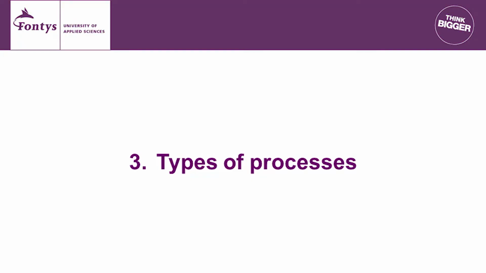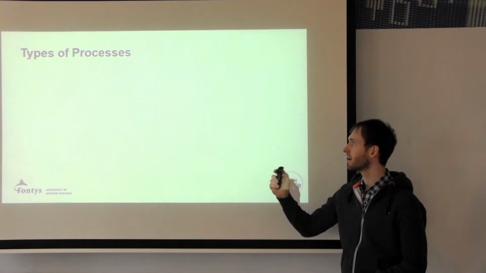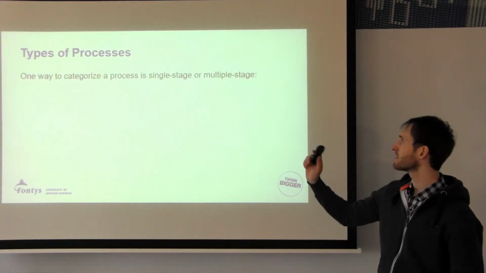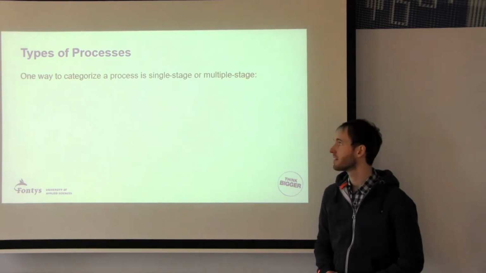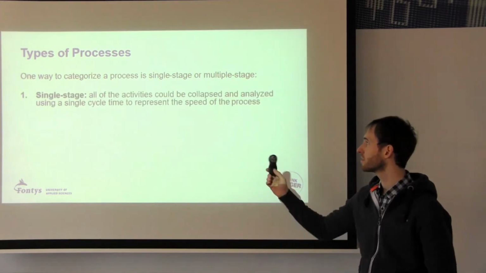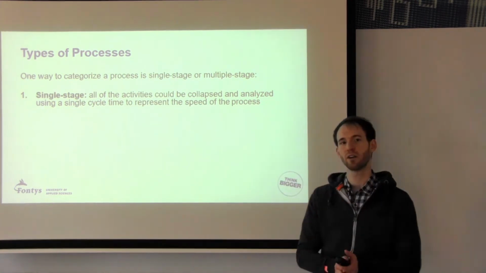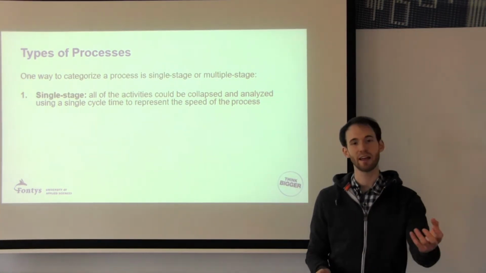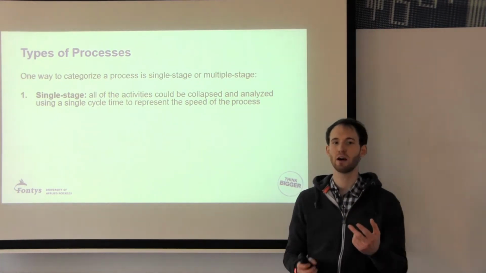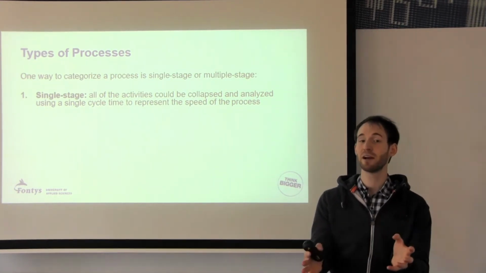Let's now look at the last learning goal, which is about classifying the types of processes. There are two ways of doing this: as a single or multi-stage process. Single stage means that all activities are collapsed and take part in one cycle. So here in class we now had 3 learning goals, and they all take place in this class.